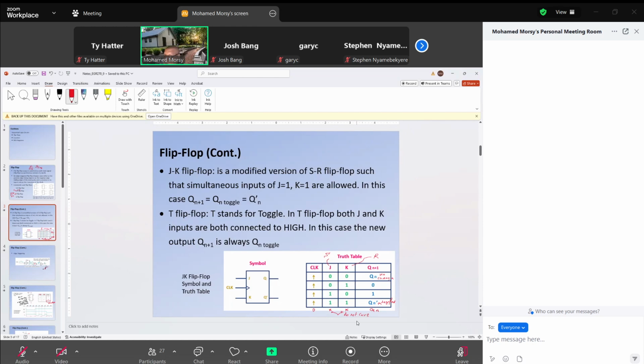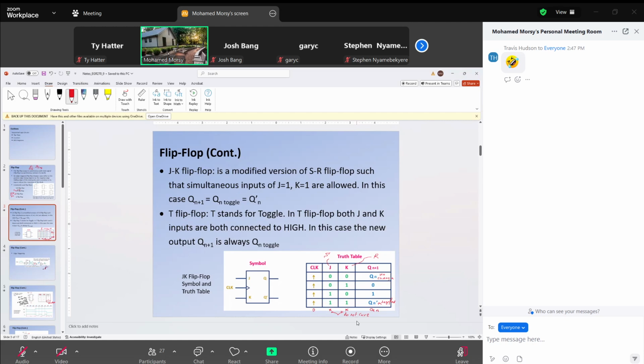You're welcome. So don't care means whatever J is, K is, as long as between the edges there is no change at the output.